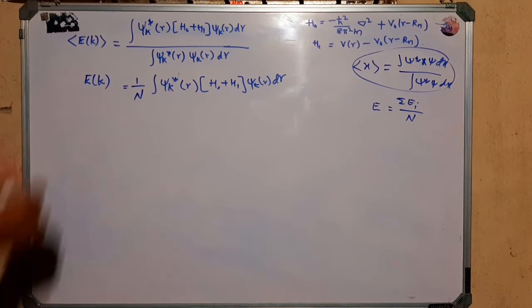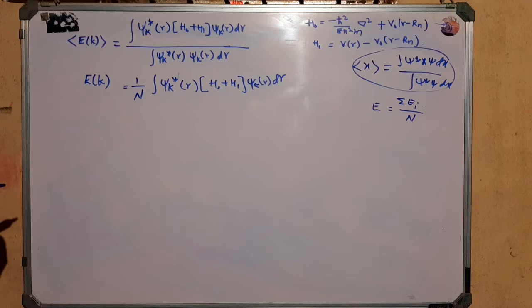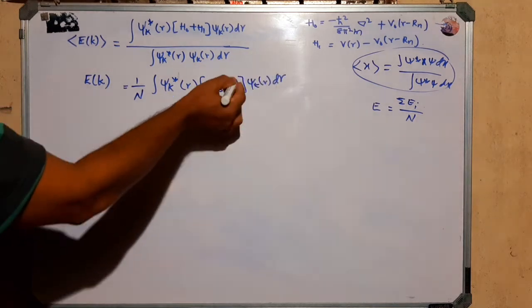In the next step, there is no need to write every time, just E(k) you can write. Now you have to substitute the values for H0 and H1.